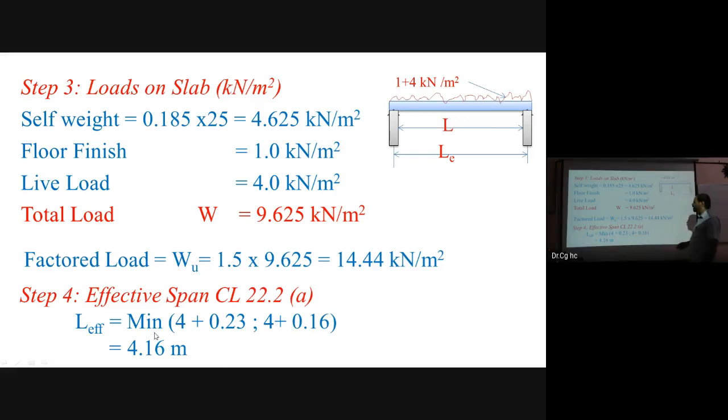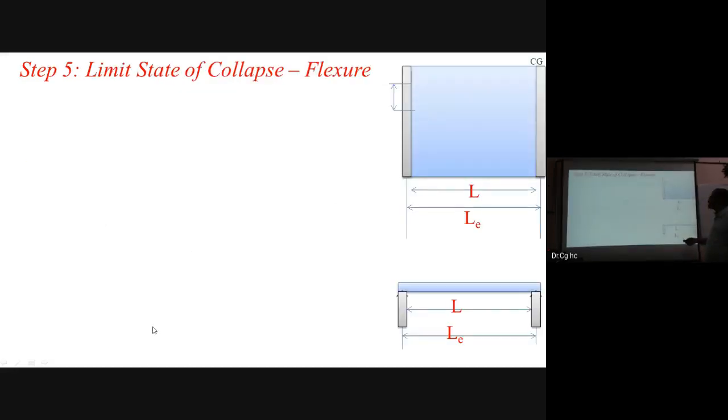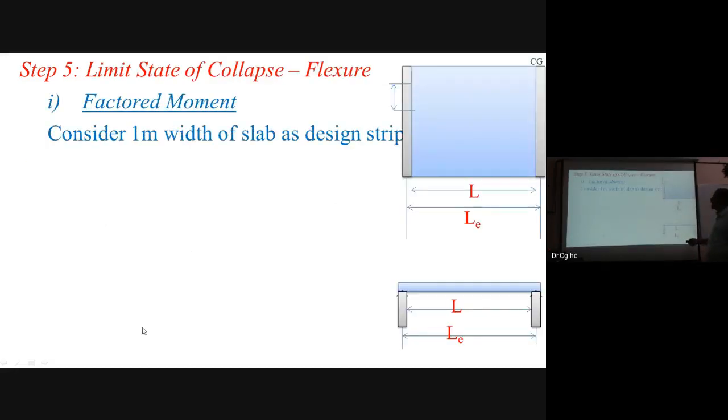For that we need to design the thickness and the steel reinforcement. Therefore factored moment: consider 1 meter width of the slab as design strip. You can see here, it is 1 meter, isn't it? We have to calculate for 1 meter width. Therefore B is equal to 1000 millimeter.